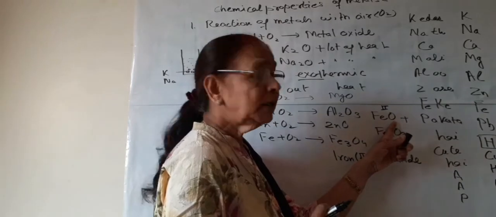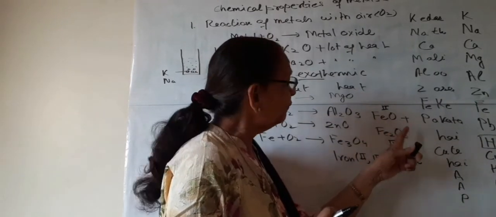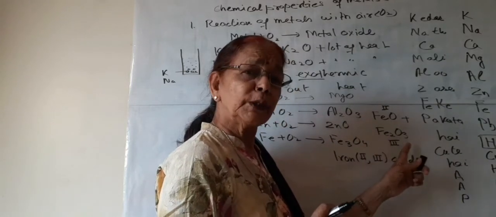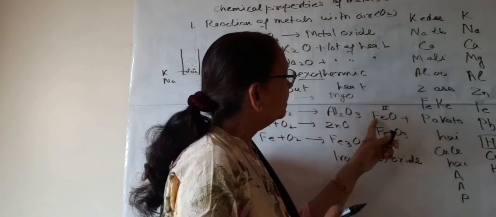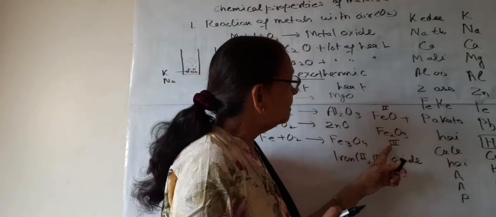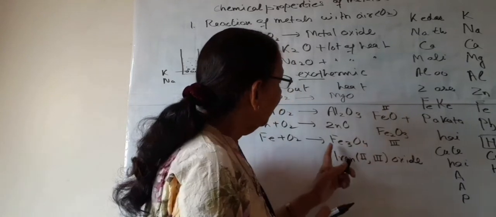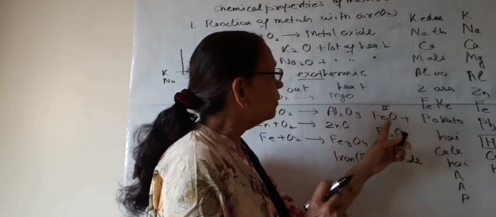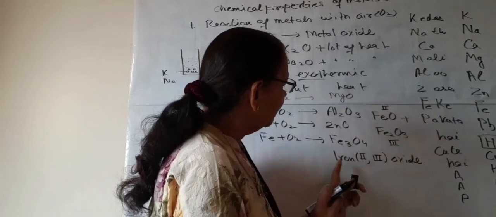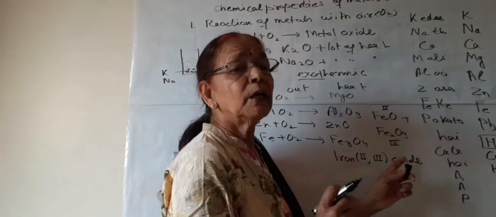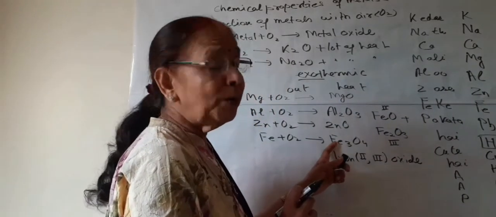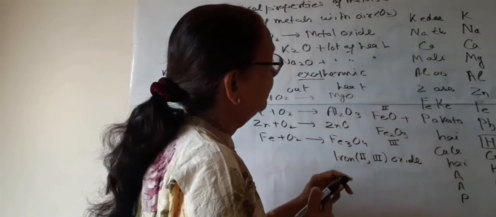So one iron, one oxygen, FeO will be formed. Two iron, three oxygen, Fe2O3 will be formed. So this is iron 2 oxide, this is iron 3 oxide, and Fe3O4 is a mixture of these two. So we write it as iron 2,3 oxide. So iron with oxygen also forms iron oxide.